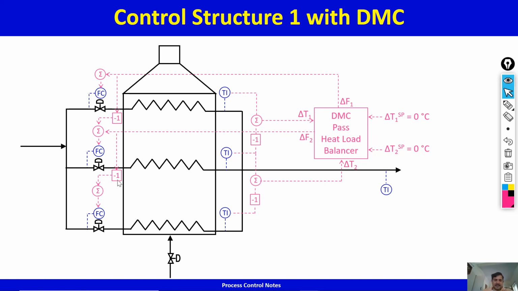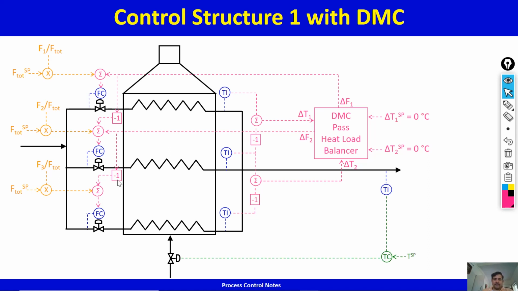Everything else is the same as before. You've got your F dot controllers, and you've also got your furnace outlet temperature controller. So now this is control structure 1, which is not decentralized. Here we have the pass balancer, which is DMC, a dynamic matrix control. So I hope all these control structures are clear.